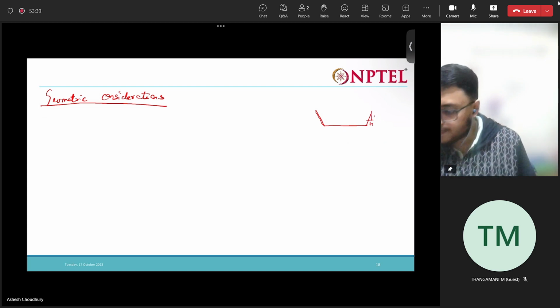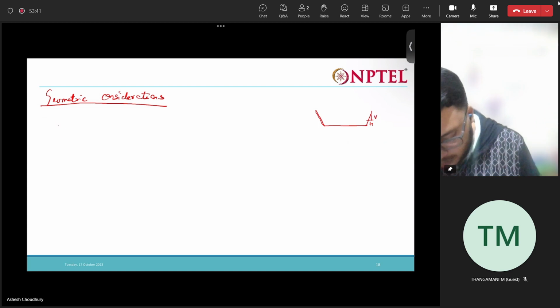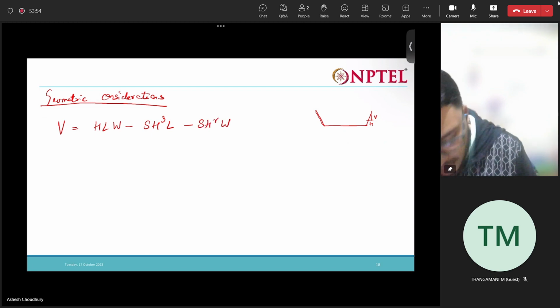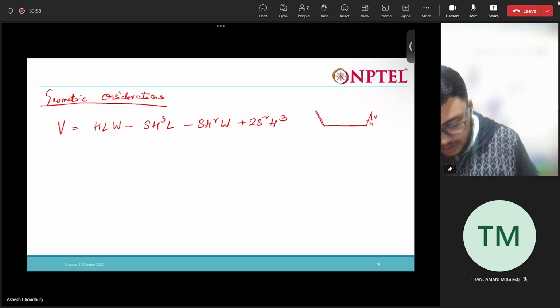So in that case, the volume is given by HLW minus SHQL minus SH square W plus twice S square H cube. So this is the volume of the reservoir.